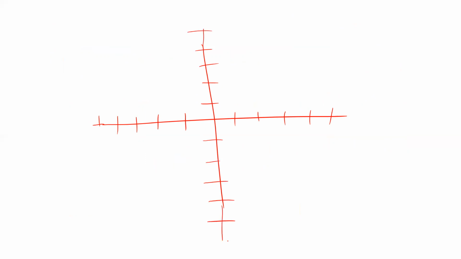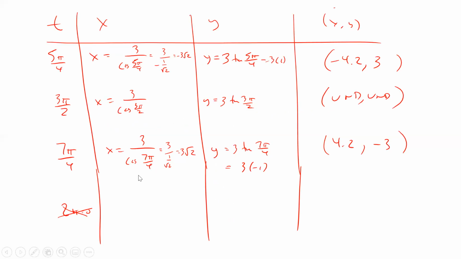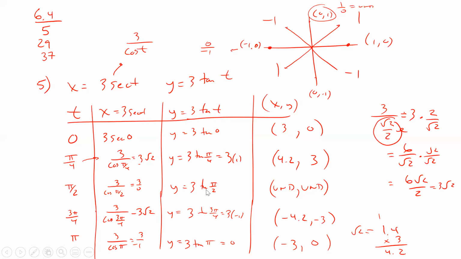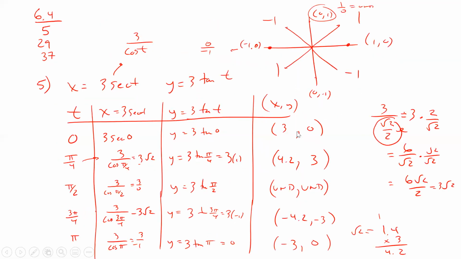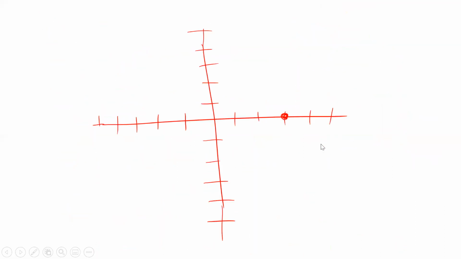All right, I'm going to go back and forth between slides here. So 3, 0, done. 4.2, 3 is about right there.